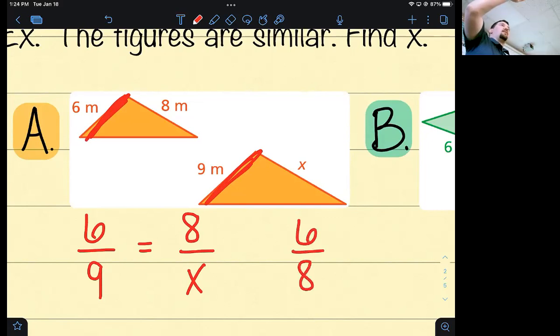So that side of the triangle versus this side of the triangle. So if I do 6 is to 8, you would then have to do 9 is to X. And really there's more than one way to set it up as long as you're being consistent with how you do it. What you'll notice is that regardless of how you decide to set it up, X and 6 are always diagonal for each other. So everyone's going to get the same answer.